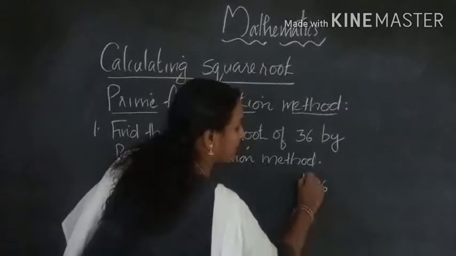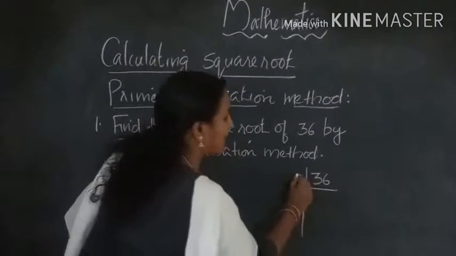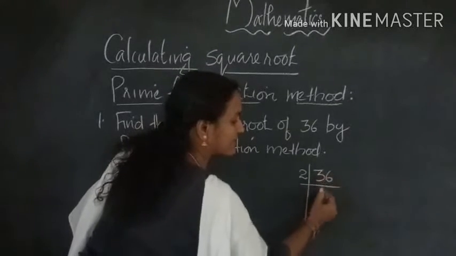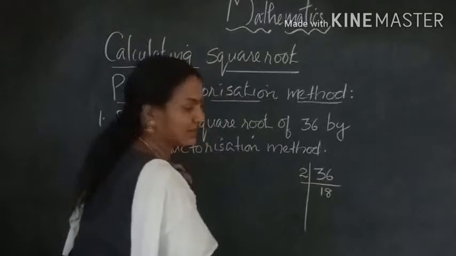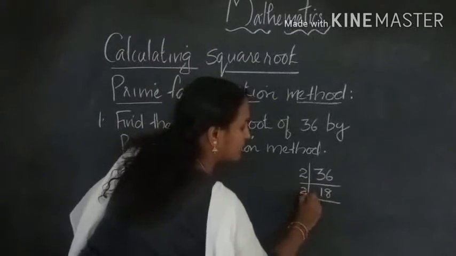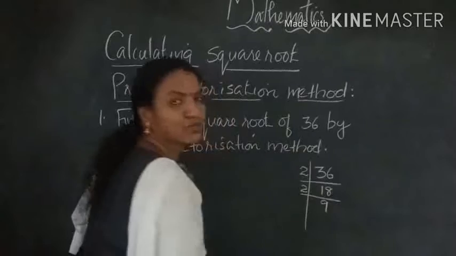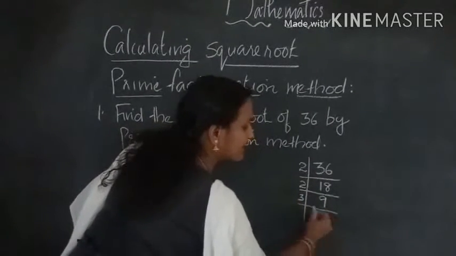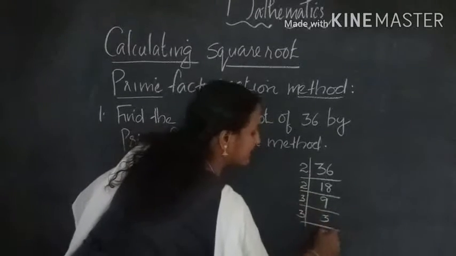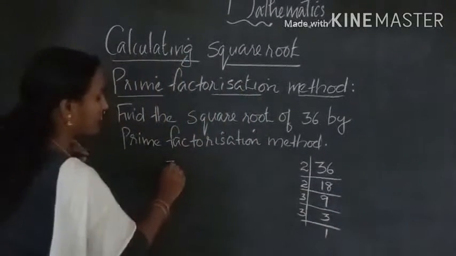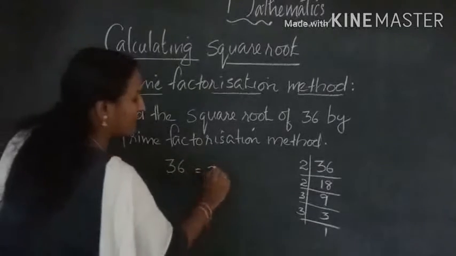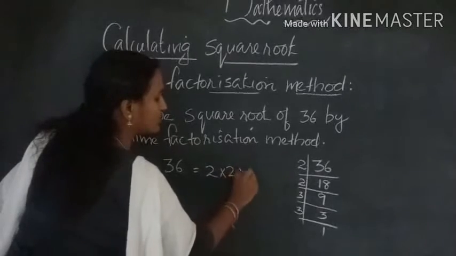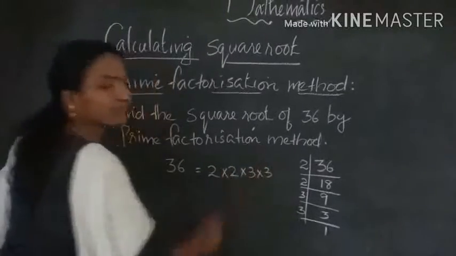So to find the prime factors of 36, we start with 2. 2 18s are 36, 2 9s are 18, so 9 is an odd number. We start with 3. 3 3s are 9, then 1. So 36 can be written as 2 into 2 into 3 into 3.